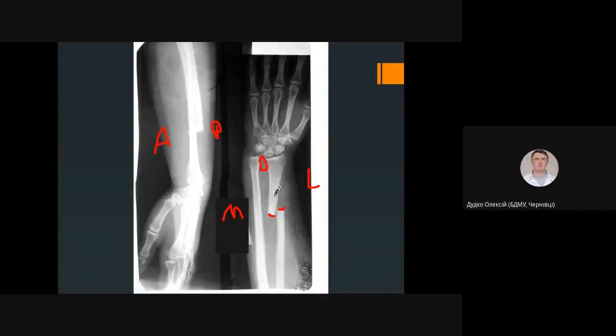And actually, if we're talking about this injury, that is not a fracture alone. That is a fracture-dislocation of the forearm. This is a Galeazzi injury, when the radius bone is fractured in its distal or middle part, and the ulnar bone is dislocated in the distal radio-ulnar junction.